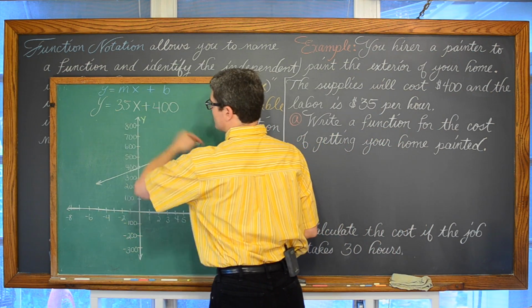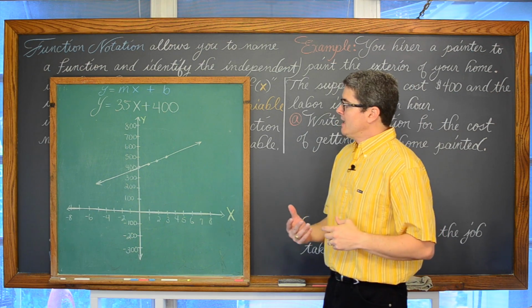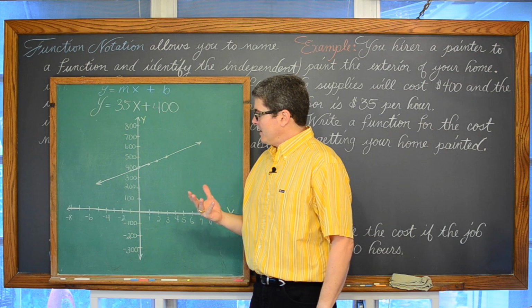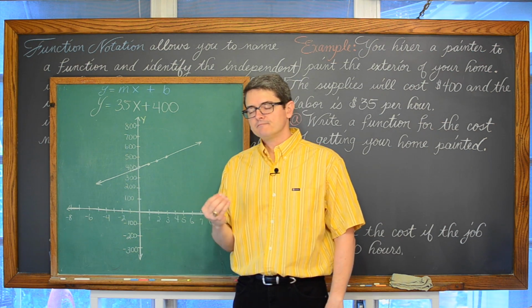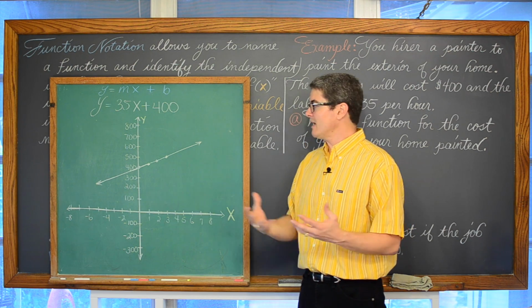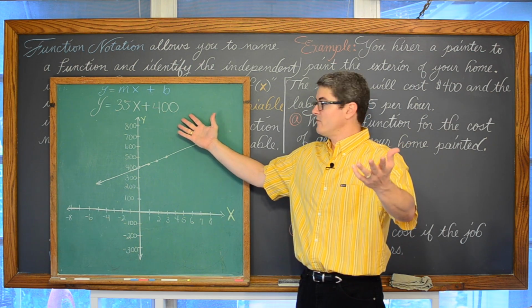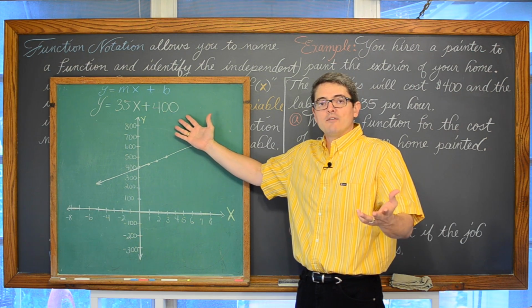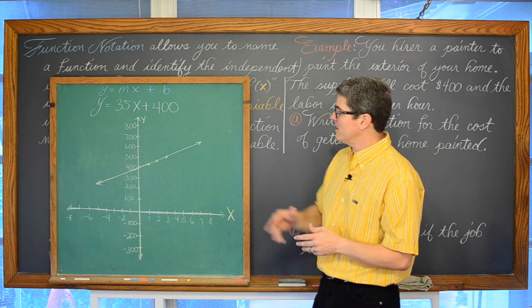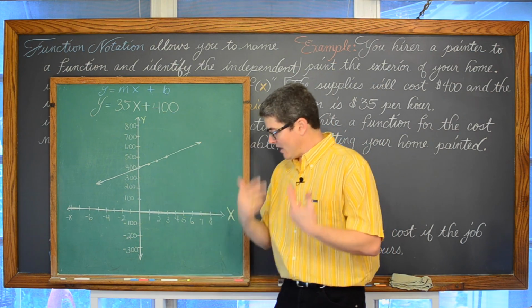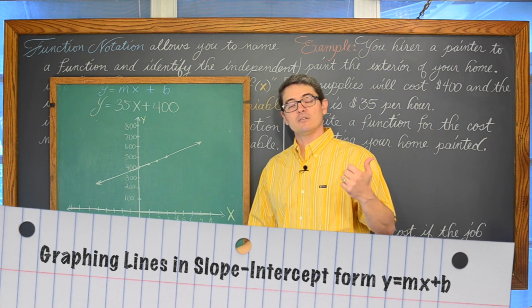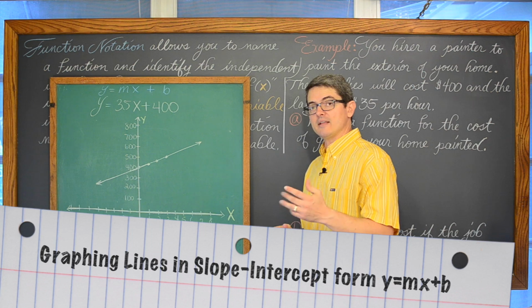Okay, so we have y is equal to 35x plus 400. This linear function has been graphed, and the hard part about teaching the beginning of any class is there's so much that you don't know, and especially with you, all my YouTube viewers or students, I don't know if you've graphed linear functions or not, and the part of this video is really not teaching how to graph a linear function, but let me just run through it quickly, and again, I'll put a link somewhere at the bottom of my lesson, so you can skip to another video and learn or review how to graph linear functions if that's something that you need.